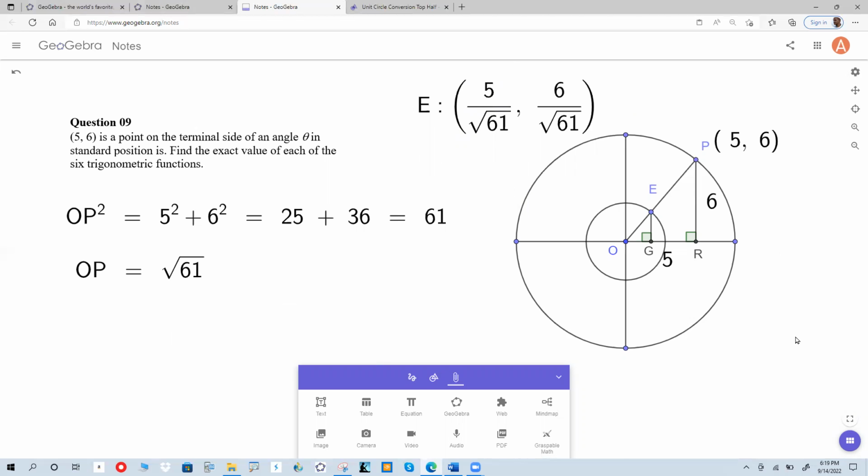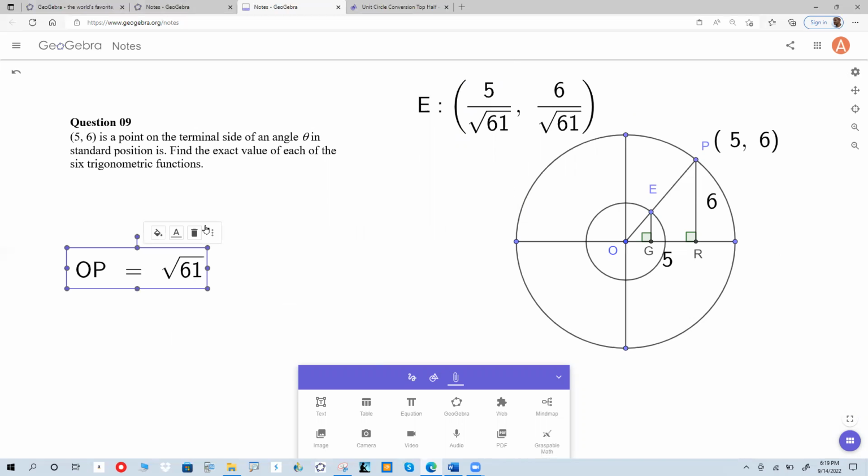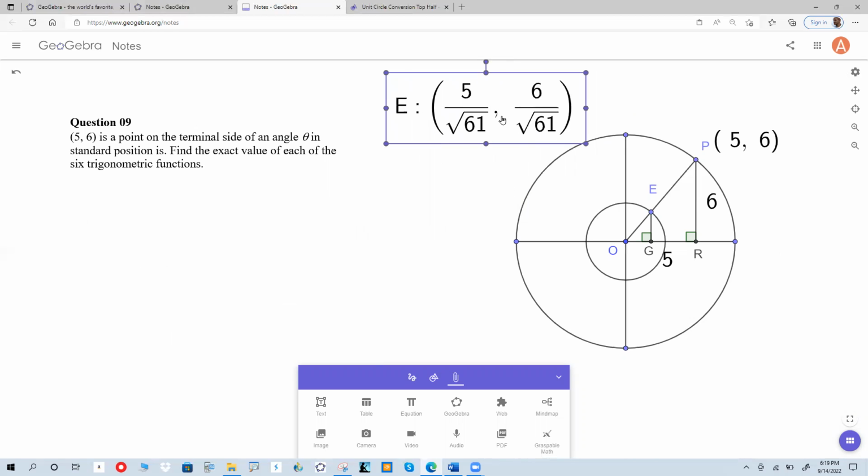Okay, now I have everything I need to find the 6 ratios. I will need the room, so I will erase some of the things. All right, so now it's simply this point. What is sine theta, cosine theta?